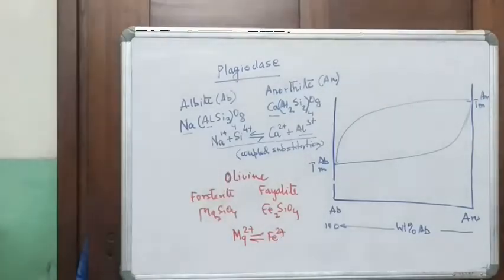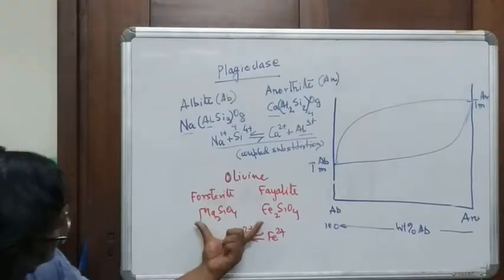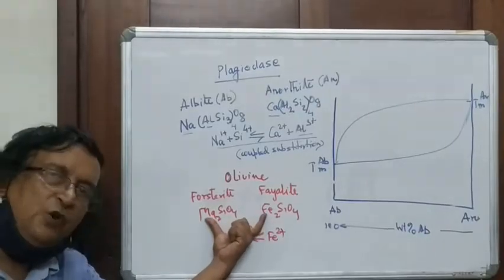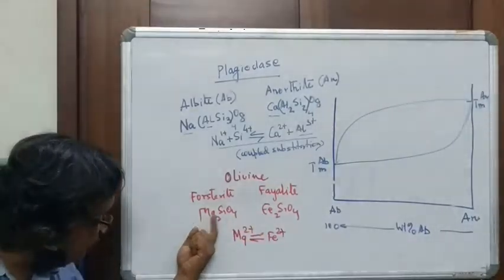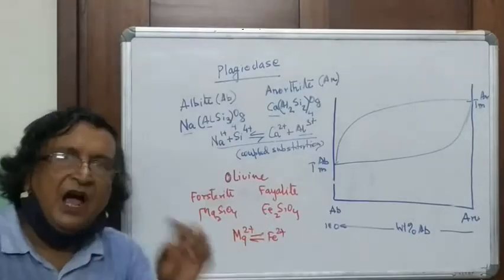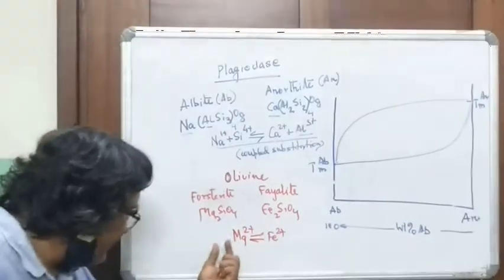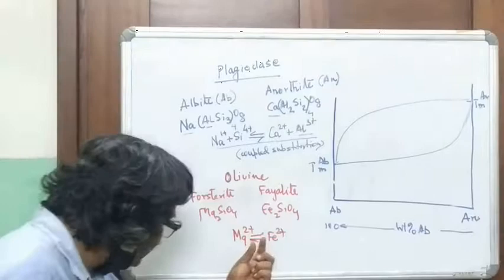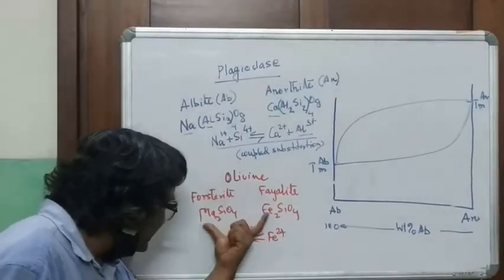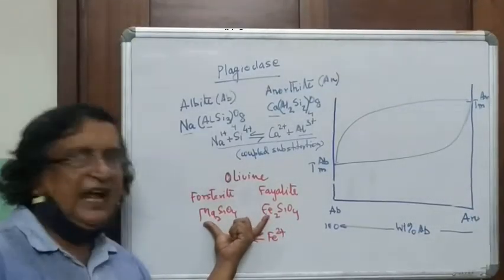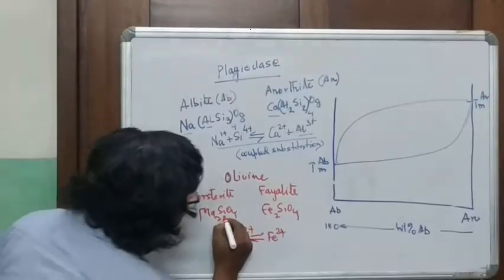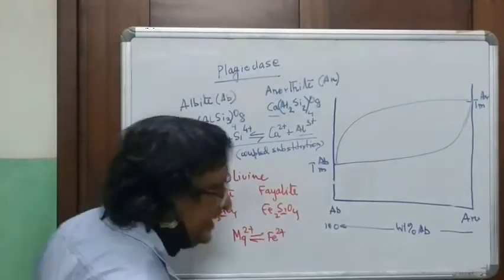You see here, this and this represents one particular site. But since both magnesium and iron here are divalent, you can replace magnesium by iron, and this is in a particular site. It does not affect the other site, which is silicon.